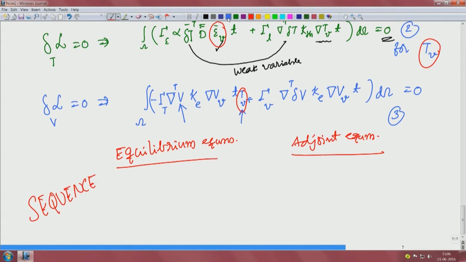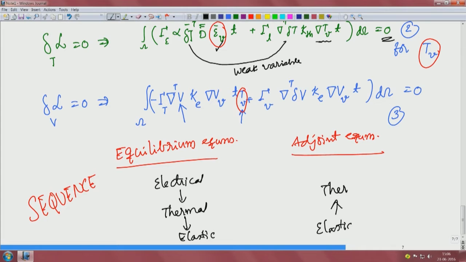Here we have to do first electrical, then thermal, then elastic, okay. Whereas here first we have to do elastic, adjoint one, then thermal, then electrical, okay.